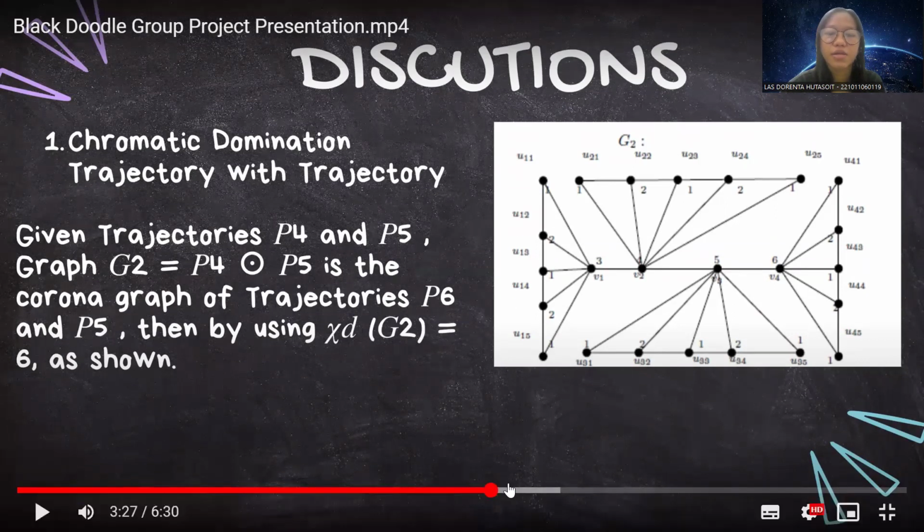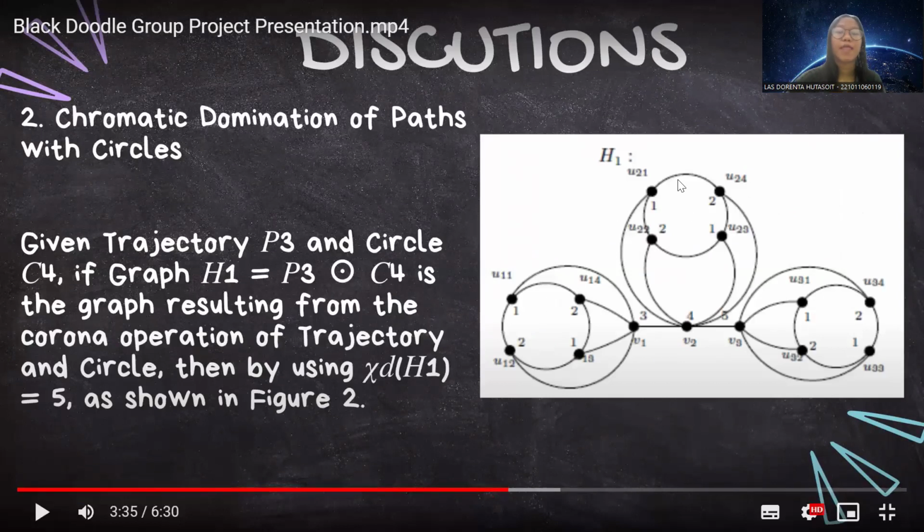And 2, chromatic domination of path with circle. Given path P3 and circle C4, graph H1 equals P3 ∘ C4 is the graph resulting from the corona operation of path and circle.